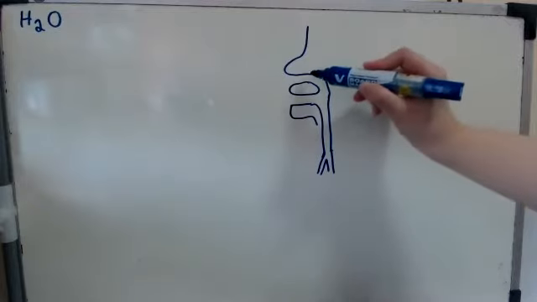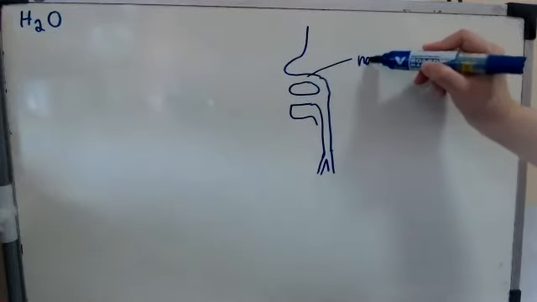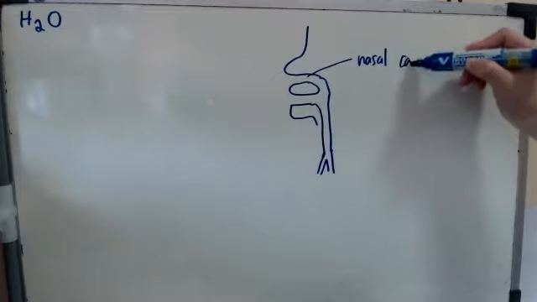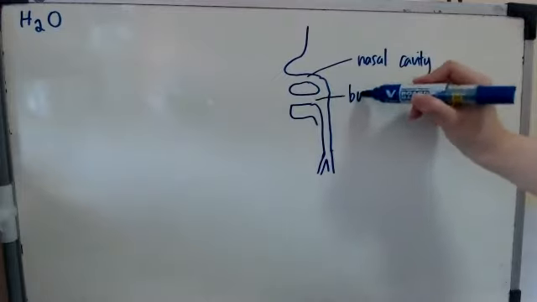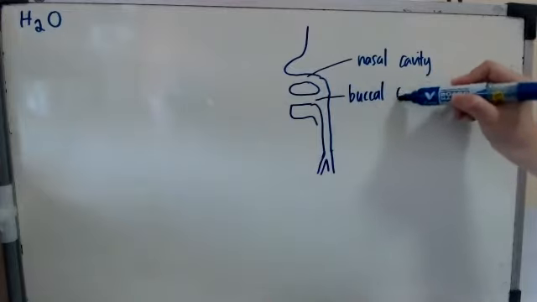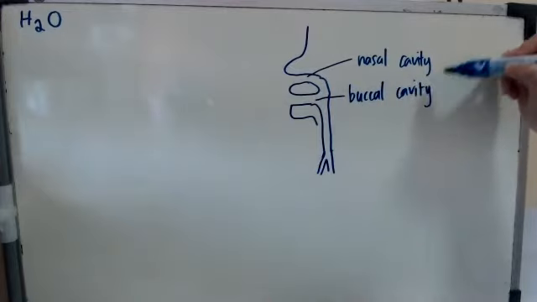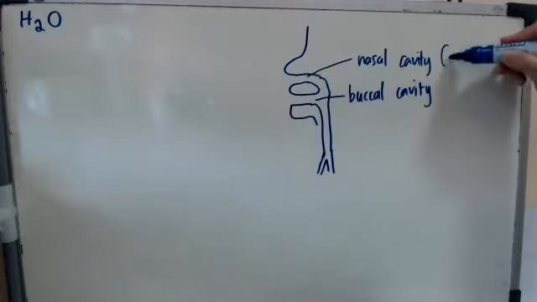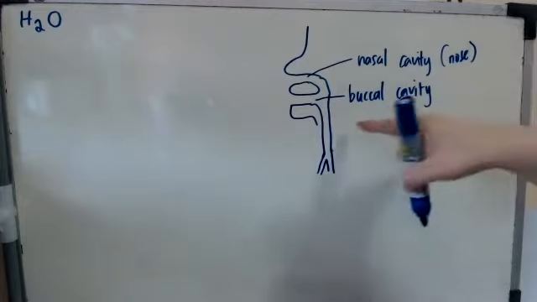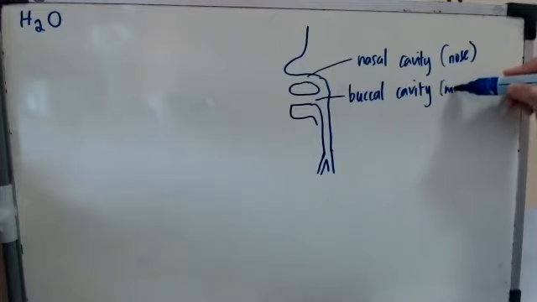So basically, this is your nasal cavity. This is your buccal cavity. Nasal cavity, otherwise known as the cavity found in the nose. Buccal cavity is the cavity in your mouth.